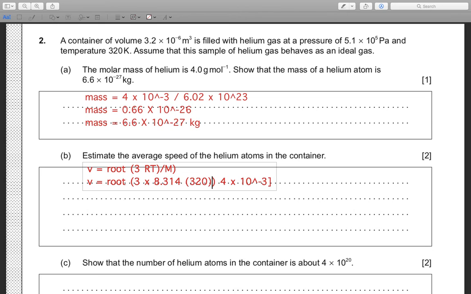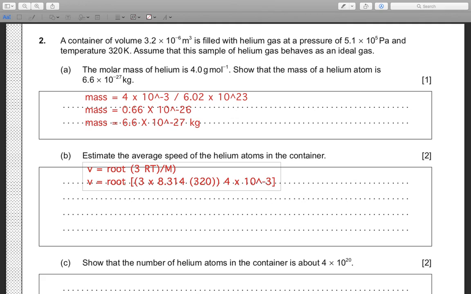If we calculate this, we have 3 times 8.314 times 320 divided by 4 times 10 to the power of minus 3, which is 0.001.